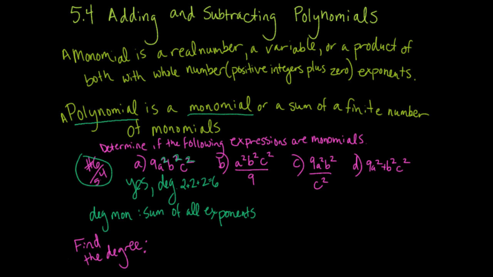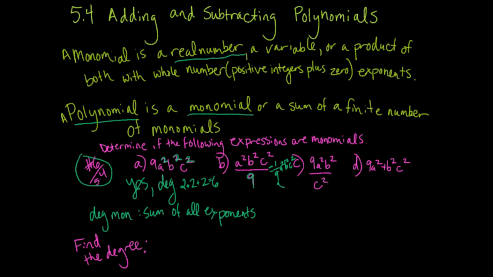So the degree in this case is 2 plus 2 plus 2, which is equal to 6. Next, part B. Because of this 9 down here, it looks as though this would not satisfy the definition of a monomial. But keep in mind that if you rewrite this as 1 over 9 times a squared b squared c squared, it's equivalent, and 1/9 is a real number.